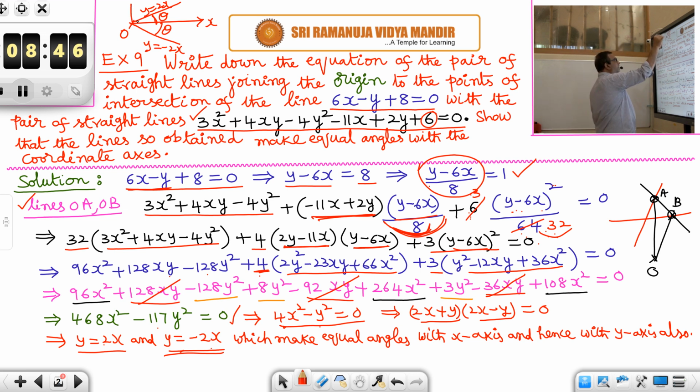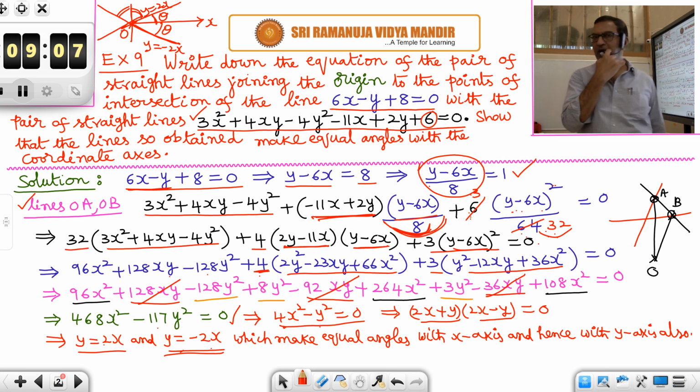So of course the y-axis will be here. If the line makes an angle theta with the x-axis, then the same line makes what angle with the y-axis? 90 minus theta. So if you produce this line and also this line, here and here the angle will be 90 minus theta, 90 minus theta.